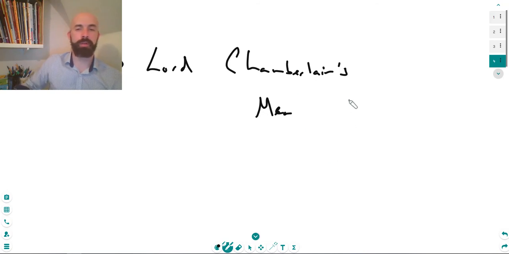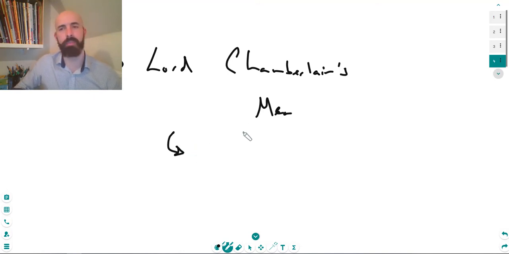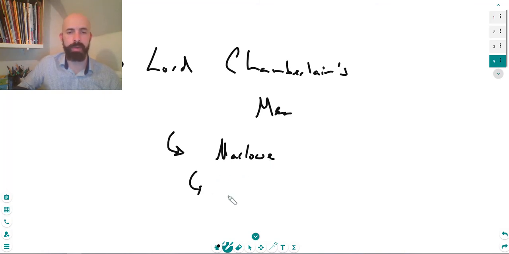Now, there were other important figures in this period of time who played a very significant part in the establishment of theatre as a real art form, something respectable within England. One of them was Christopher Marlowe, and the other was Ben Jonson as well.